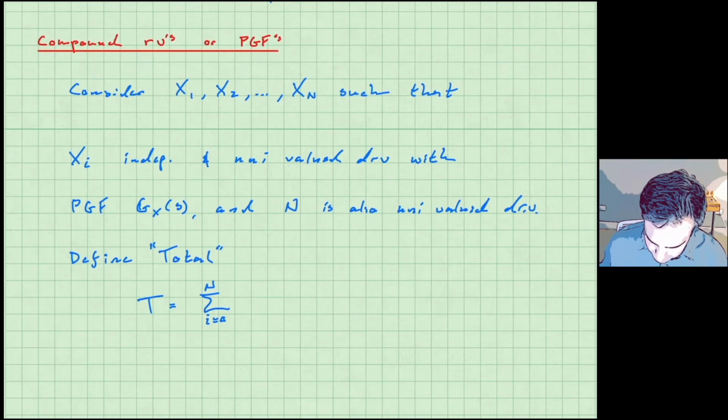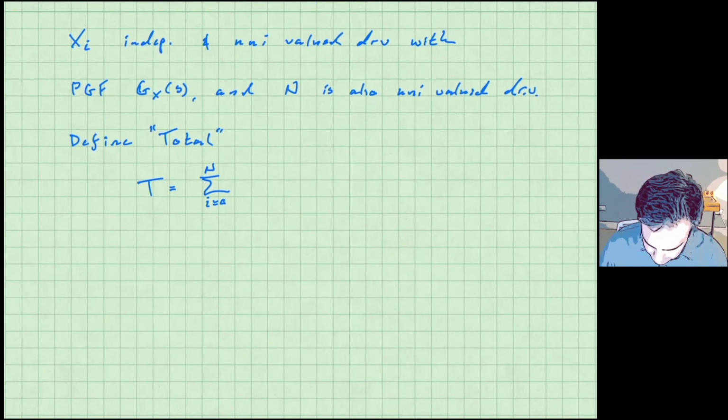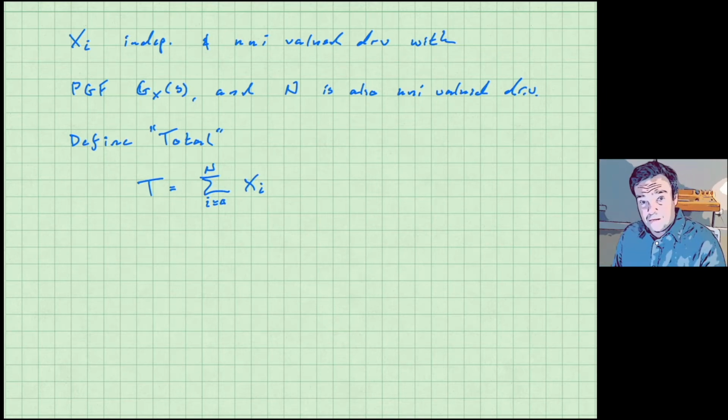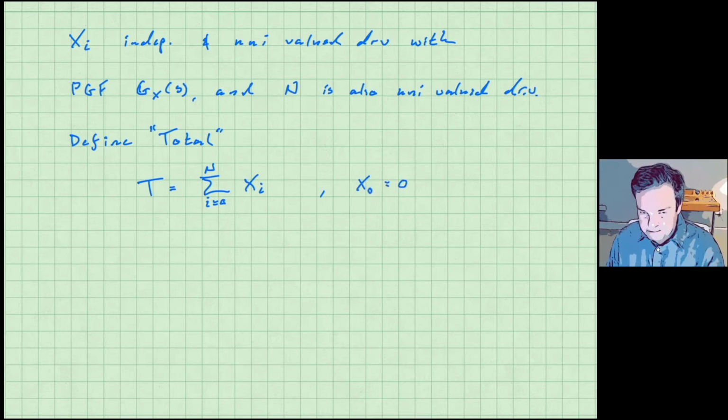We don't have an x0, so I'm going to invent one. That's the total, summing up all of these different x's, and I'm forcing x0 to be 0. It's a little bit ugly, but it works. x sub 0 is a special one. It doesn't have that PGF up there. It's totally different. It's just 0, a sort of placeholder.